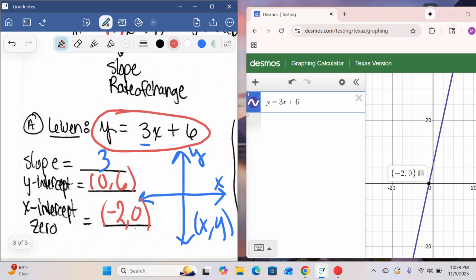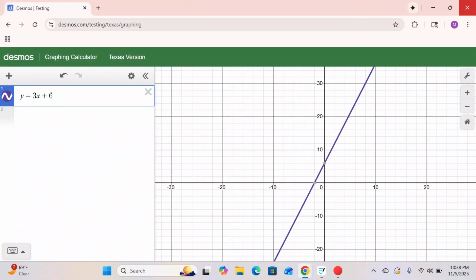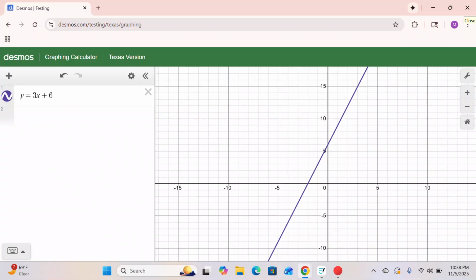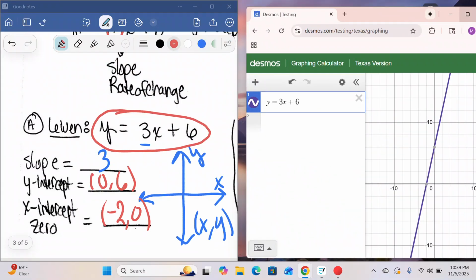Let's say I'm having a hard time figuring it out, and I say, oh, it's too small. All I have to do is enlarge it, and you can see your x-intercept and your y-intercept there. So who did all the work? Desmos. All you had to do was understand the concept of x-intercept, y-intercept, and slope.